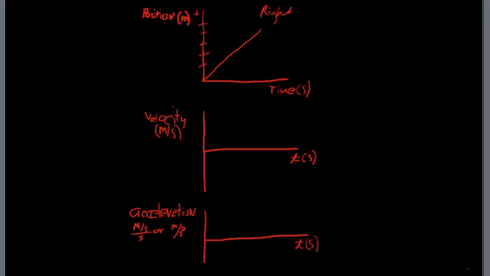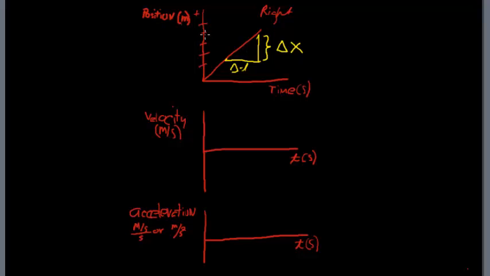Now, what can I learn from this representation? Well, if I look at the slope of this line, remember slopes. This segment tells me my change in position. I'm using the variable x for position. And this side tells me my change in time.